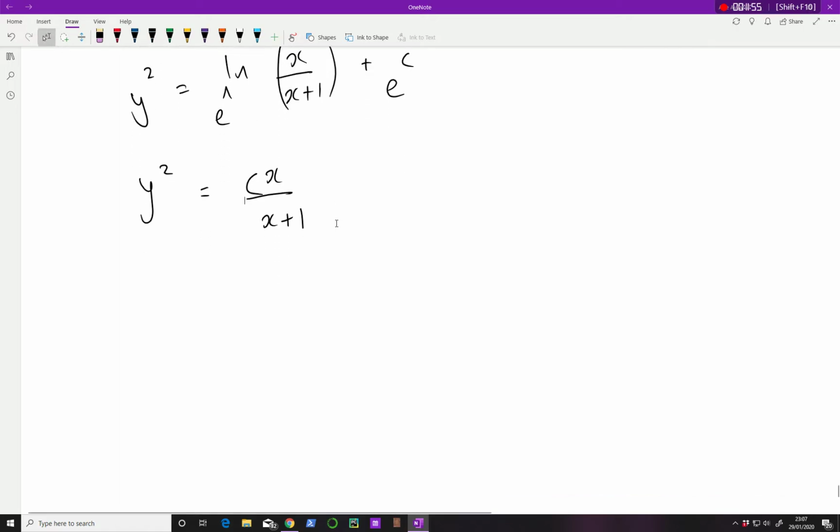Okay. Sorry for the hesitation. I just wanted to be sure that I was doing things correctly. I don't have notes. So this is going to be my exact solution, where c is some constant.